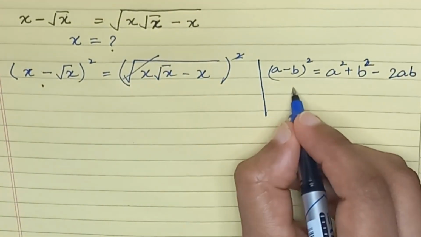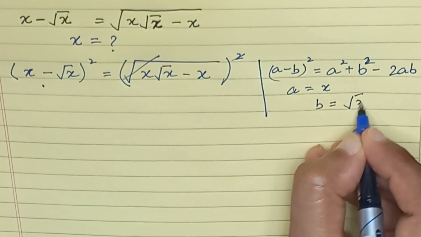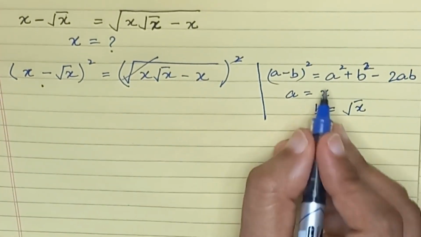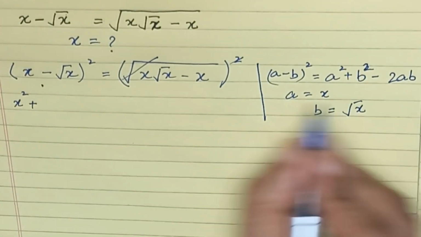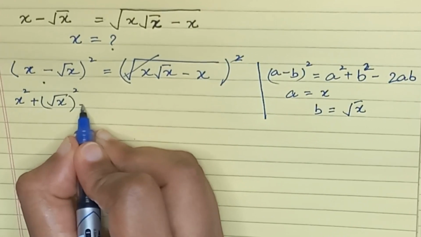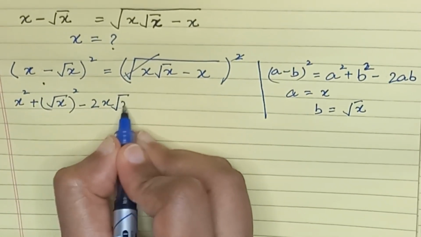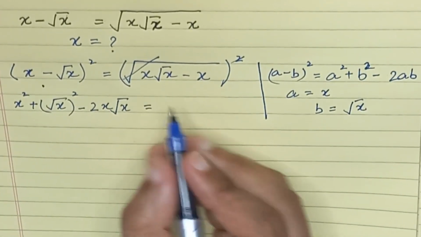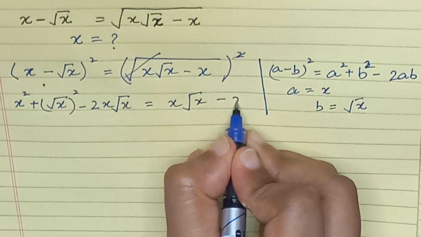Here a is equal to x and b is equal to square root of x. So a square means x square, plus b square means (square root of x) square, minus 2ab means 2 times x and square root of x, which is equal to x times square root of x minus x.